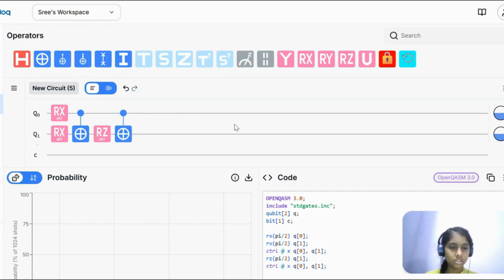This CNOT-RZ-CNOT sequence implements the exponential ZZ evolution operator used in one Trotter step of the transverse field Ising Hamiltonian. Finally, I add another RX layer to complete one Trotter step, before measuring both the qubits.